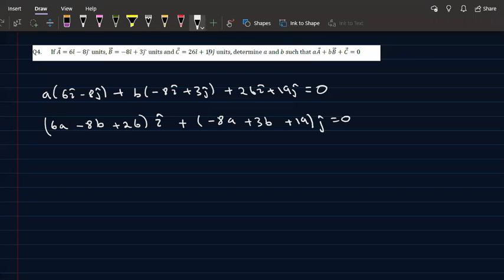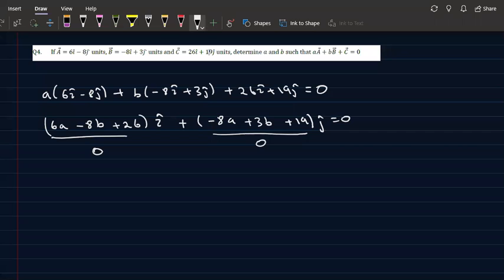Right? Now, you don't have to do anything. If a vector is 0, if the vector is a null vector, what is the meaning of that?